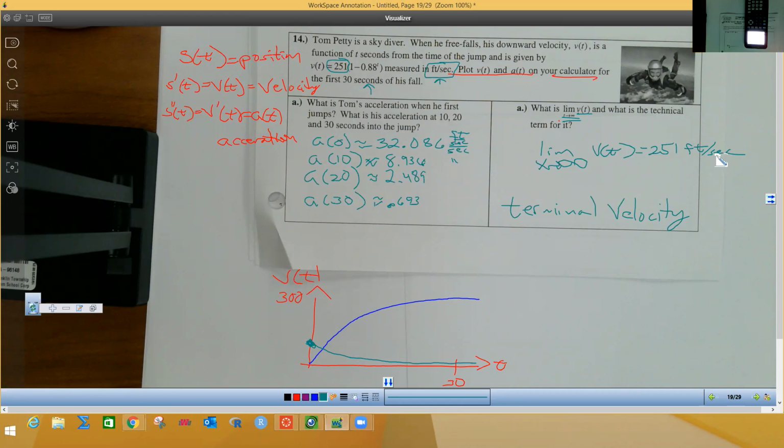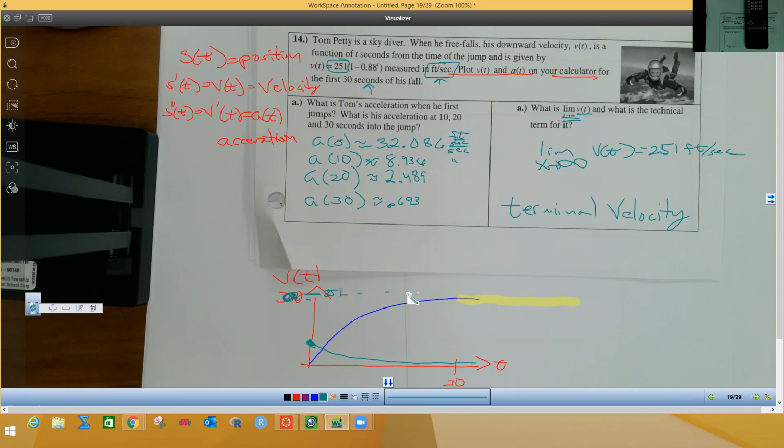Okay? But you can find it on your calculator, and the bigger the t values or x values you plug in, the closer it's going to get to 251. So in other words, if you're looking at the screen up here, as I'm coming this way on this graph, this is coming really close to where, I'm going to erase that and say this is 251.